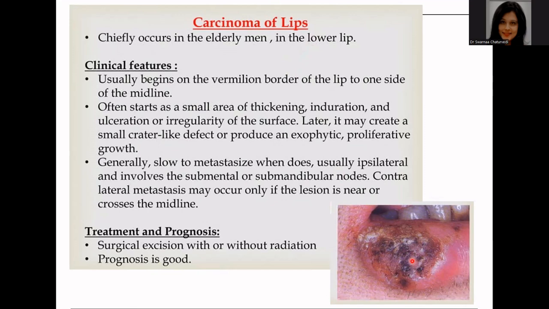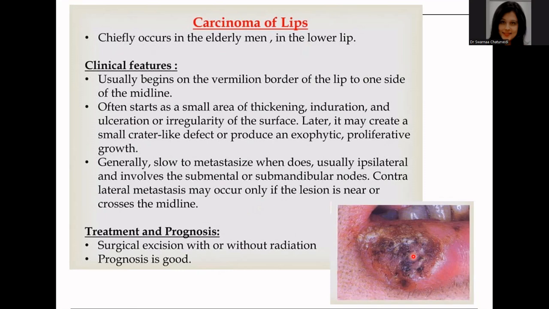Often it starts with a small area of thickening, then induration, ulceration or irregularity of the surface. Later on, it may create a small crater-like defect or produce a proliferative growth. Either way it can go, but the beginning will be thickening, induration or ulceration.